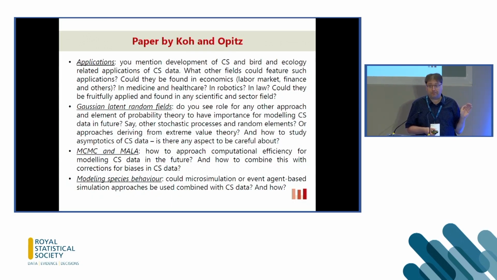So the third paper, by Jonathan and Thomas. Applications to start with: while I know that Jonathan and Thomas work in mathematical statistics, citizen science data have many applications. A lot of the papers that we hear today are on bird species, from ecology, but there are other applications that I also know of.